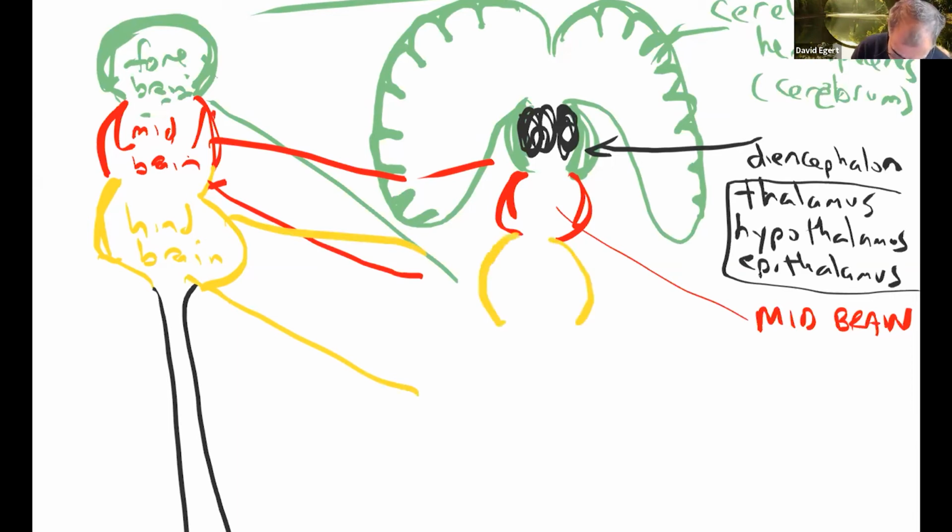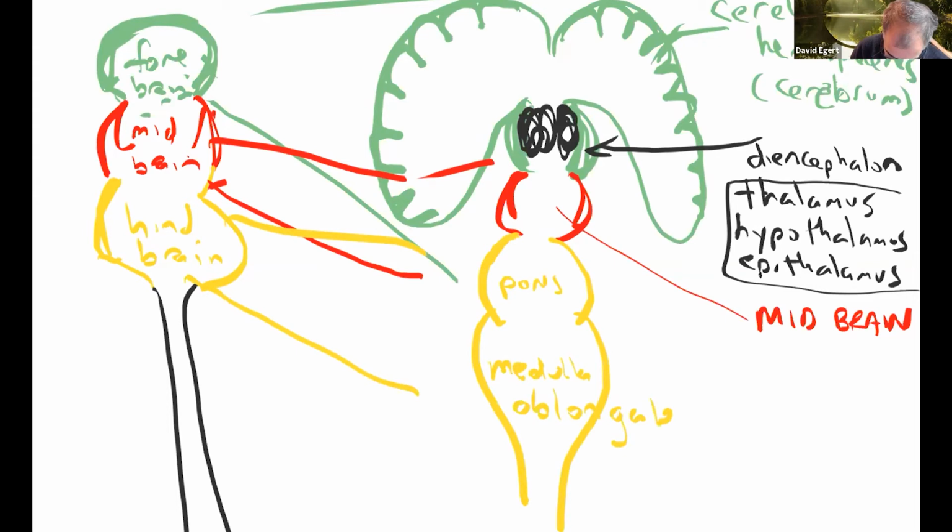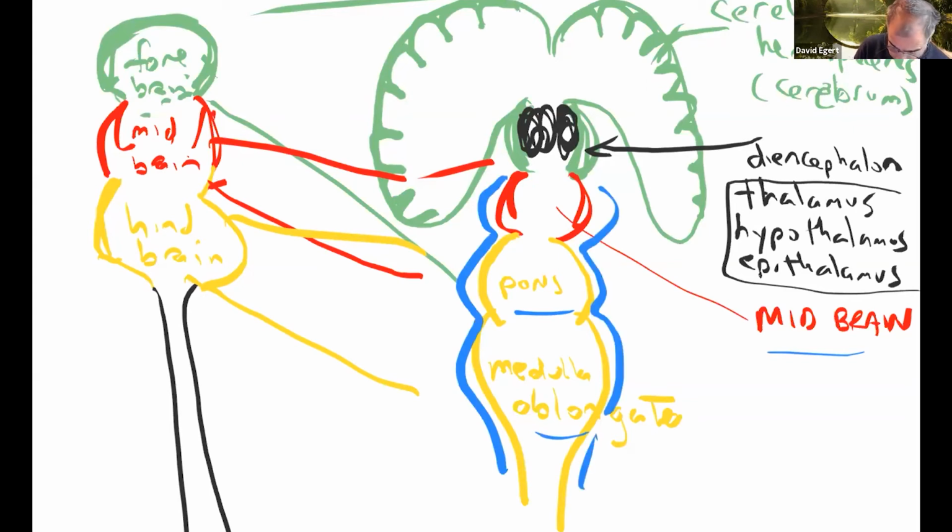It's going to become the pons, the medulla oblongata, and then it also gives rise to this thing that kind of hangs off the back. In fact, let's do these first. If we look at the midbrain, the pons, and the medulla, these together are going to be called the brainstem.